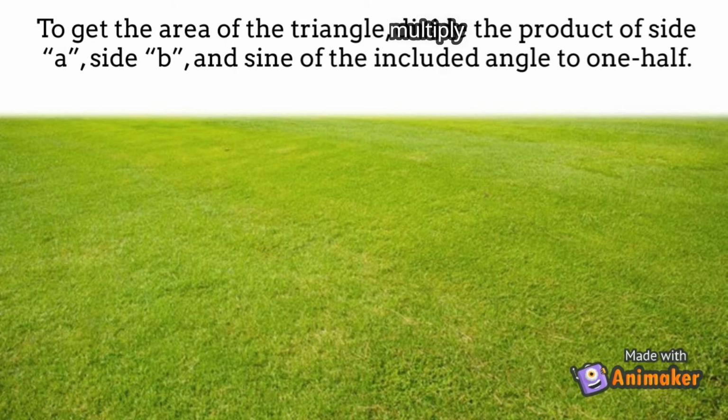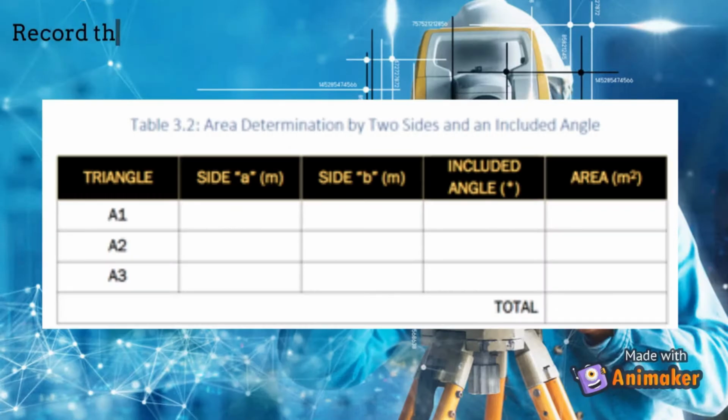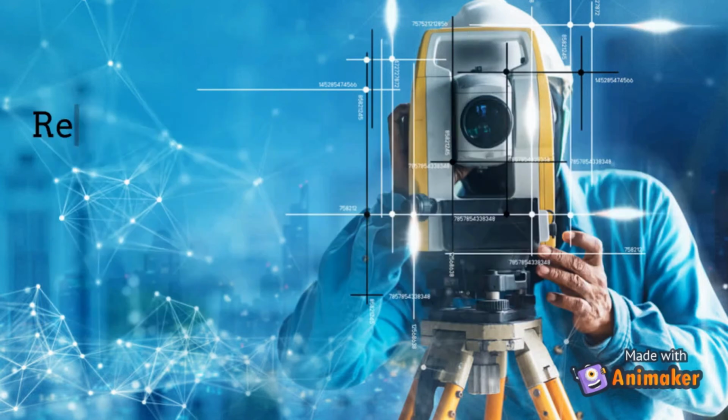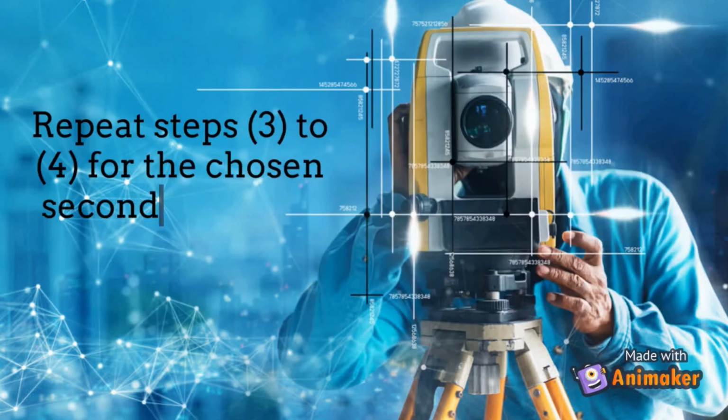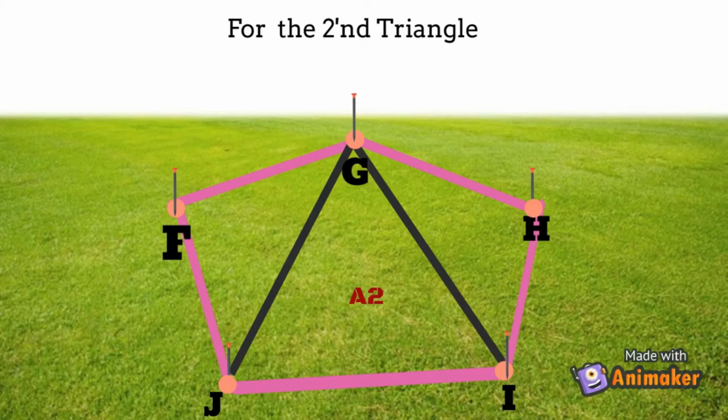To get the area of the triangle, multiply the product of side A, side B, and sine of the included angle by 1/2. Record the lengths as well as the angle and compute for the area. Step 5. Repeat steps 3 to 4 for the chosen second and third triangles of the polygon. Again, for the second triangle, two sides will be measured and also the included angle using the cosine law.